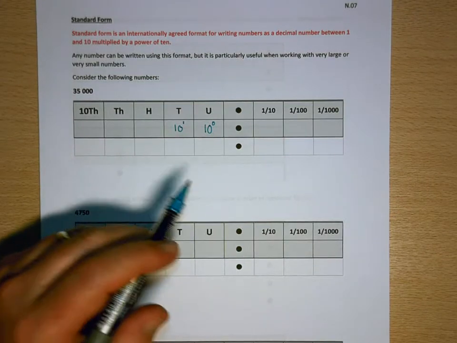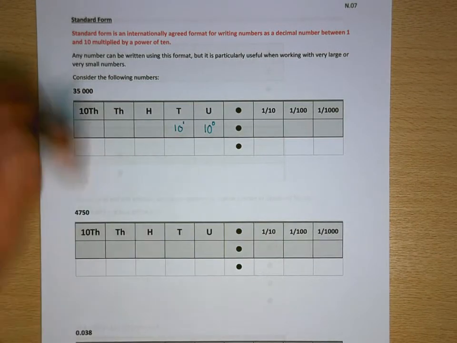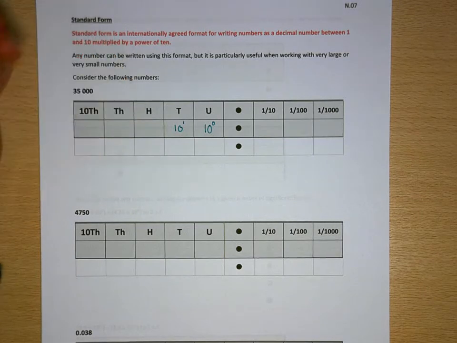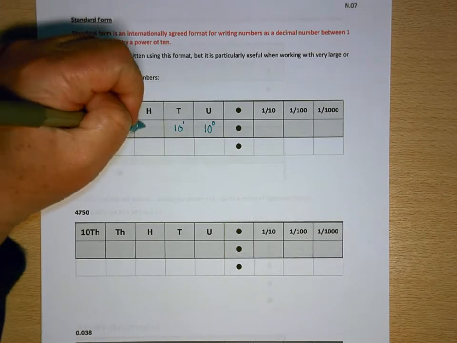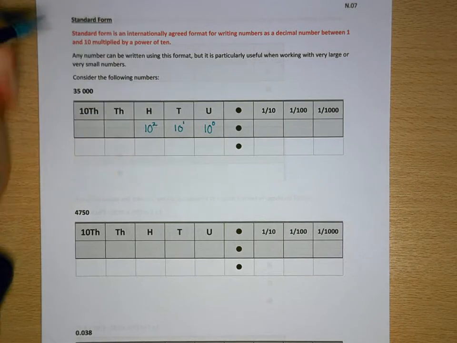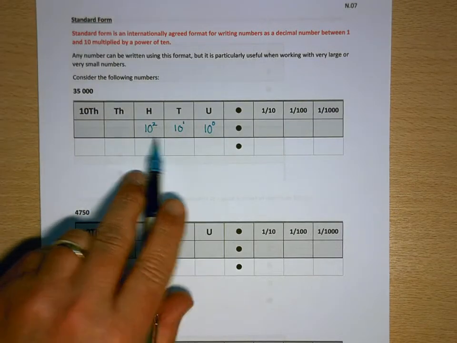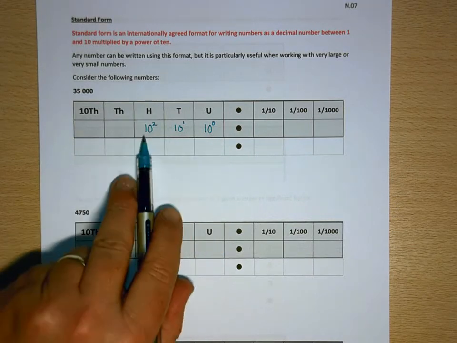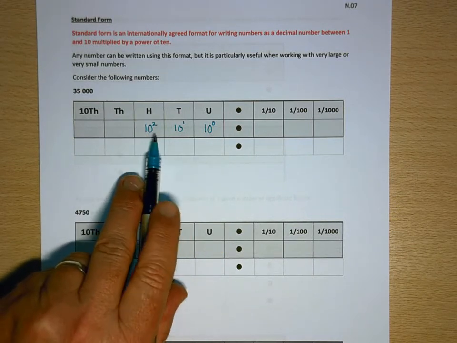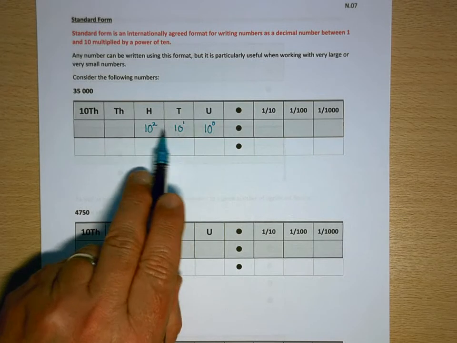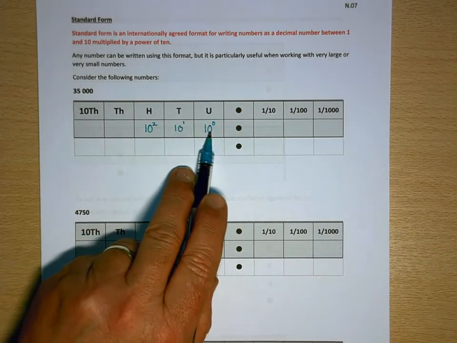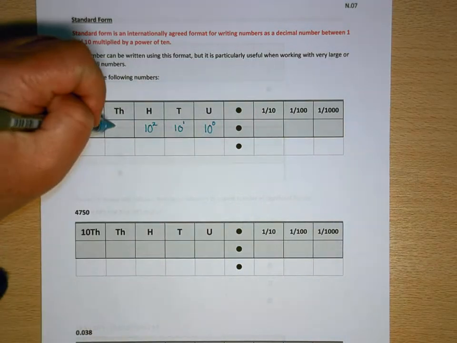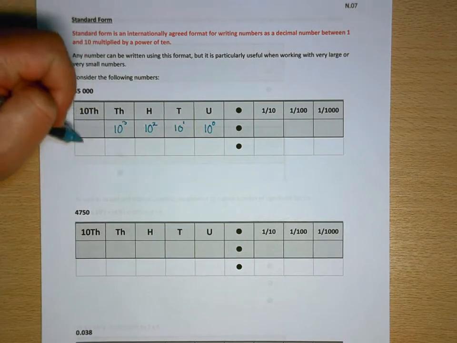So any number to the power of 1 is just itself. If I'm looking at the value of 100, well, I know 100 is 10 squared. And what I would suggest is, if you can't remember the units is 10 to the 0, you'll always remember that 100 is 10 squared. So if you write that one in first, then you know you're going to count down the powers from there, and in this direction you're going to count them upwards.